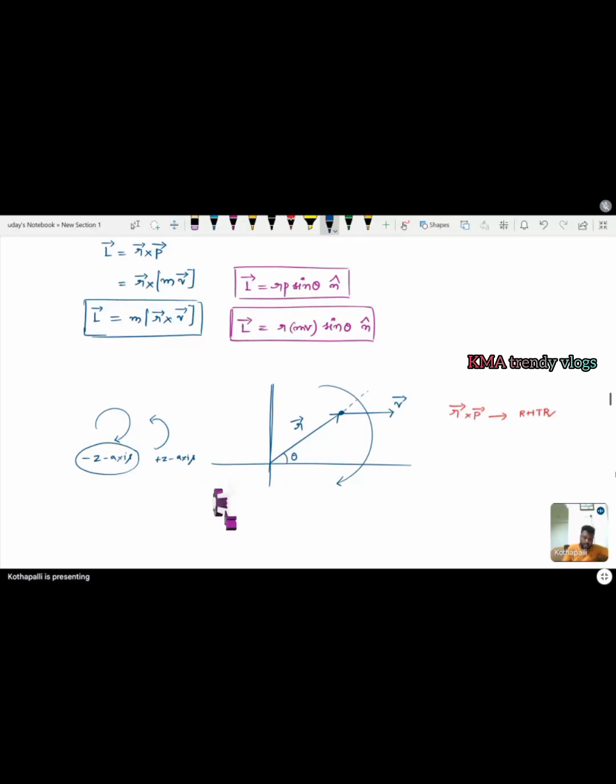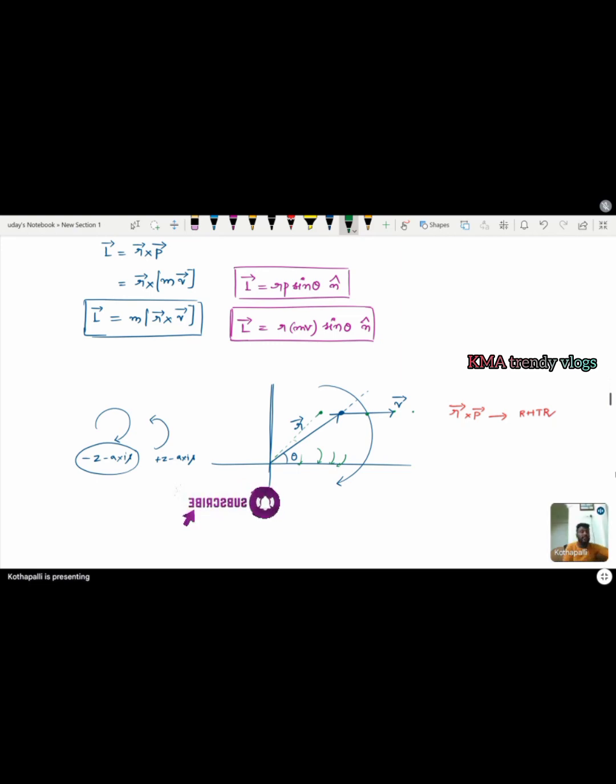Okay, see, now look at the situation. When the instant started here, theta was like this, and then the object started going like this. At one particular instant the position vector will be changing like this, which means it is moving in the clockwise side.